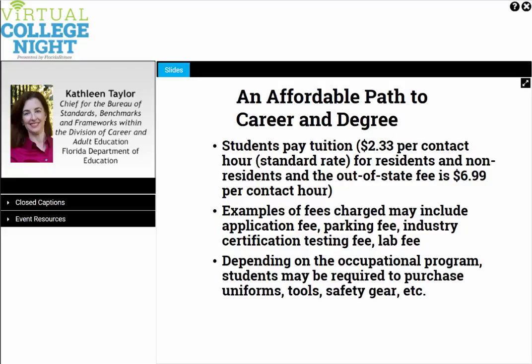Please note that our districts do have statutory authority to assess 5% below or above the standard rate of tuition identified in the statute. In addition, residency determinations are made, and students who are not otherwise statutorily exempt pay out-of-state fees. And since these are occupational training programs, students may need to purchase tools or uniforms, pay for background checks, pay for licensure exams, or industry certification exams.